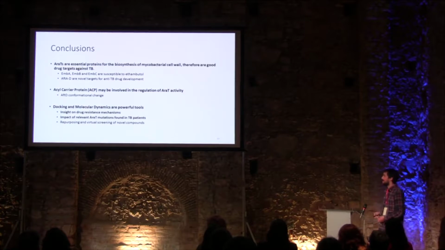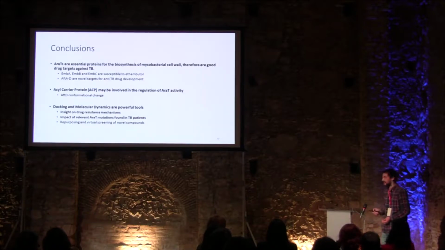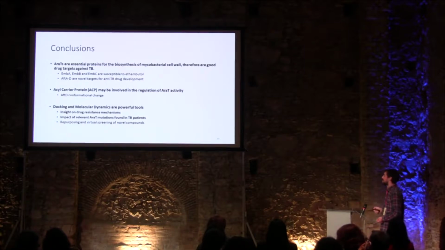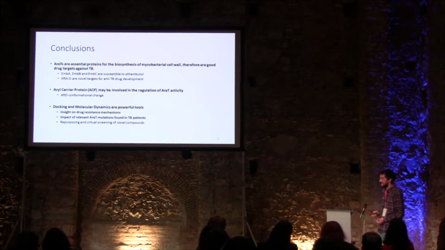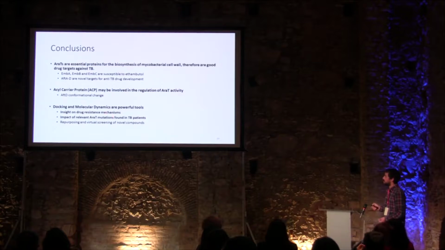We like experimental data, but it's very nice to see something on the structure, not a static picture, and if we can trust the technology right now, we can get real insight on drug resistance mechanisms and the impact of the relevant mutations on some TB patients.